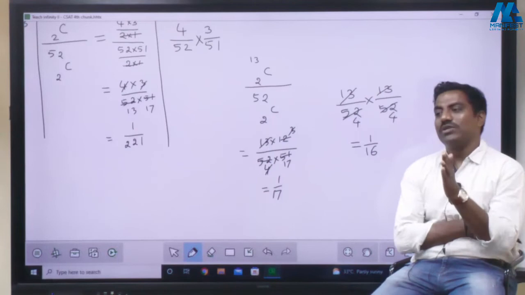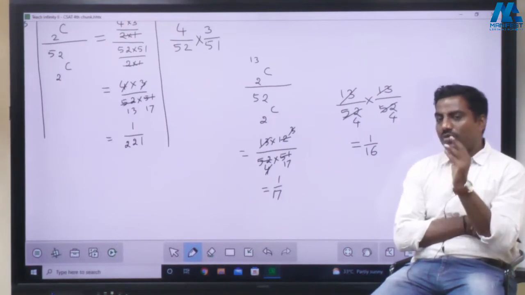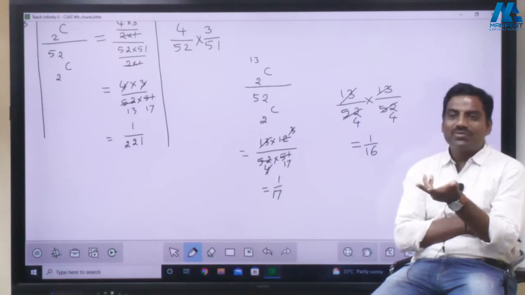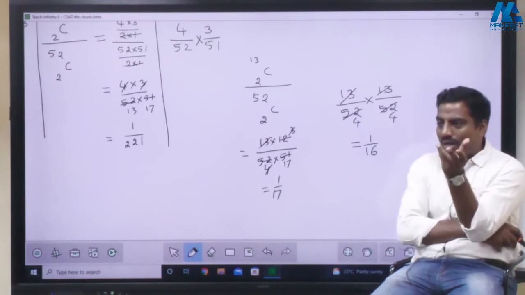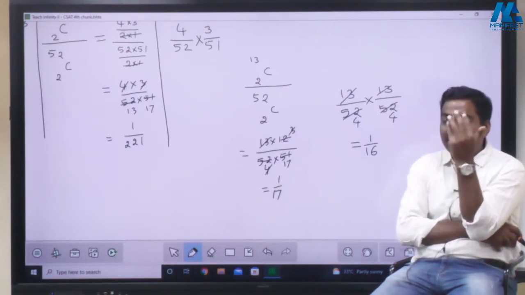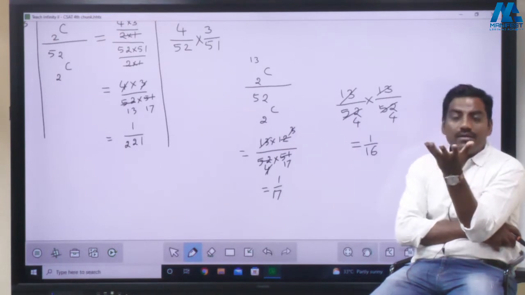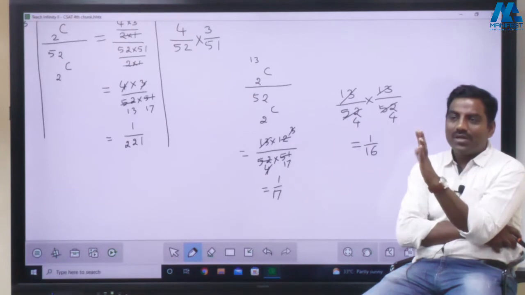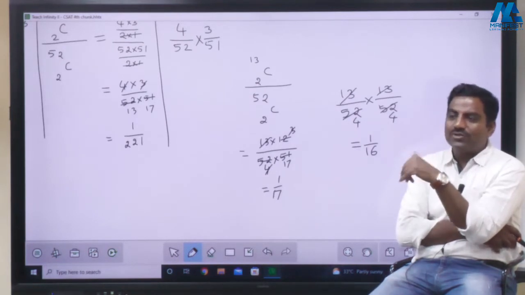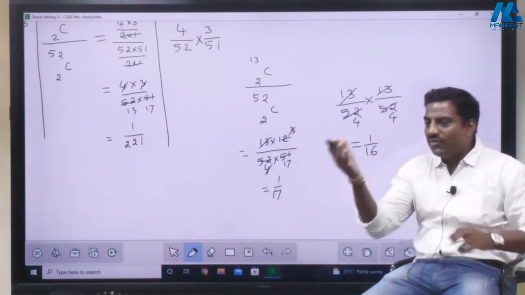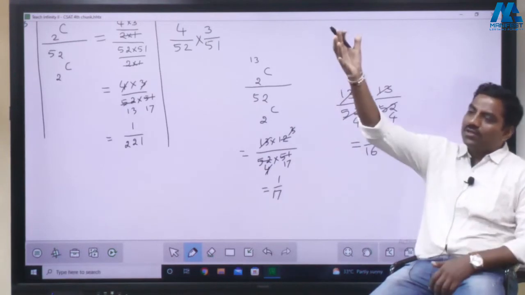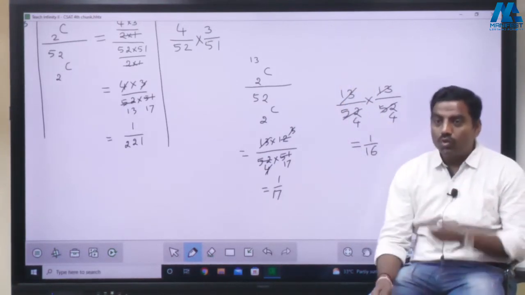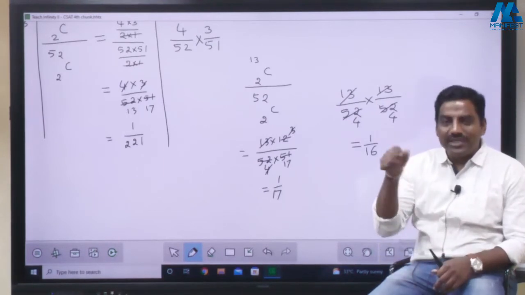So like this you have to decide. When you know the method of this C2 in cards, it becomes very easy. You just have to think of a number which you have to write in the numerator. That's it. For only one card, it is not an issue at all. You take 52 in the bottom and those many numbers in the numerator. But when it comes to two cards, the extra thing is C2.